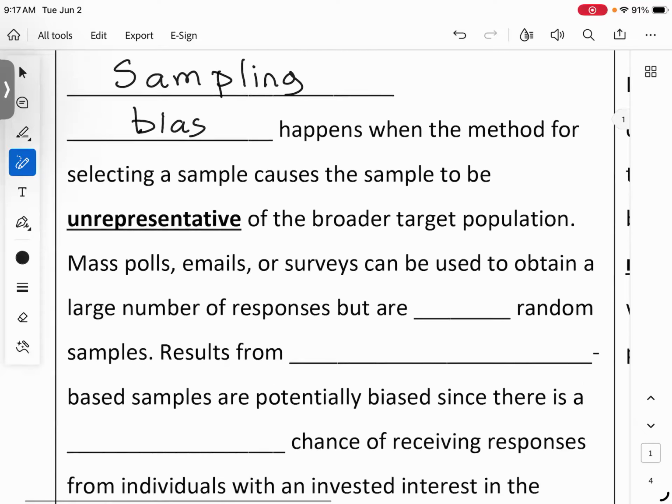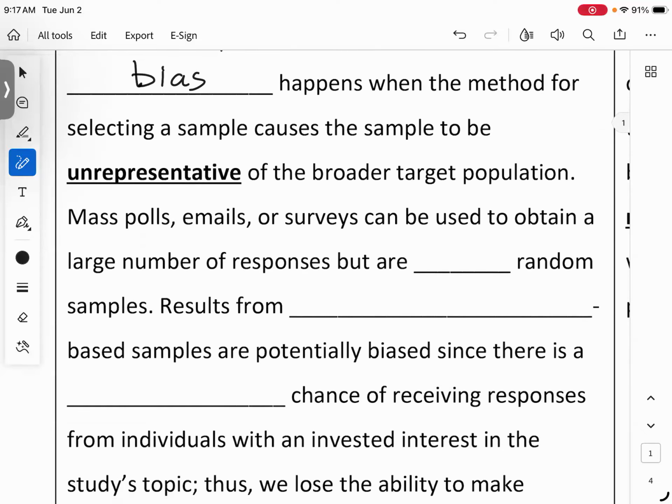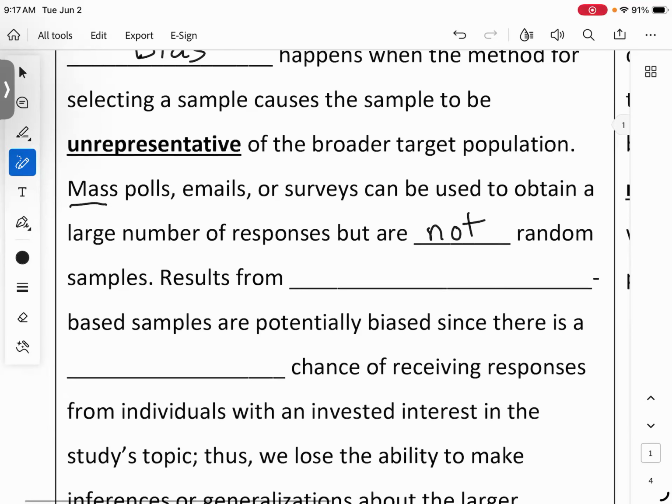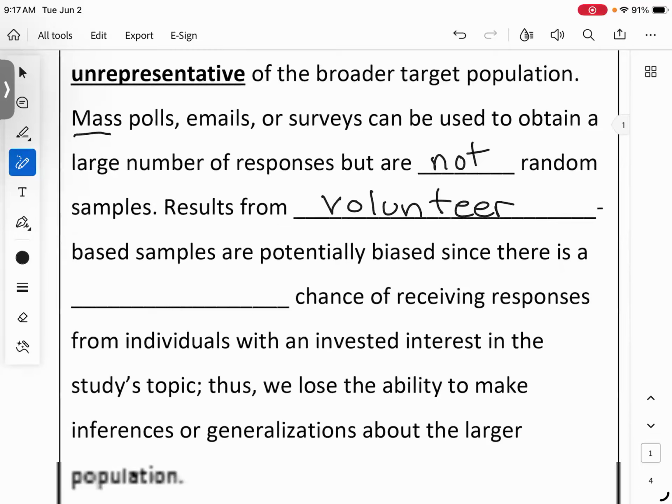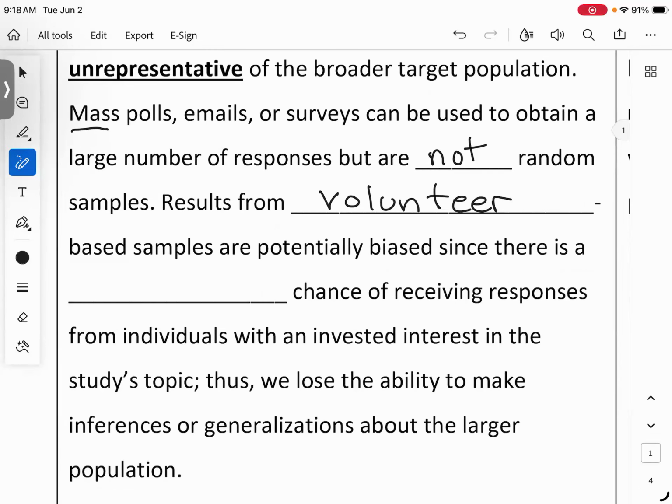So if you do a mass poll or email surveys, these are not random. These are considered to be only volunteer based. The reason people like doing these is because you can get a lot of people.